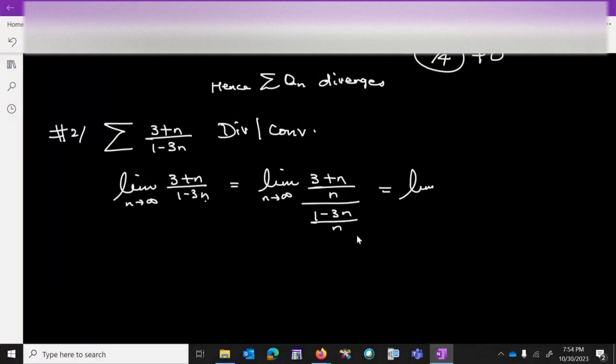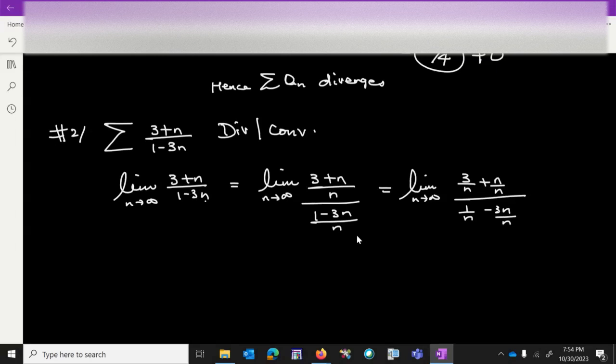I can rewrite it as 3 over n plus n over n, over 1 over n minus 3n over n.